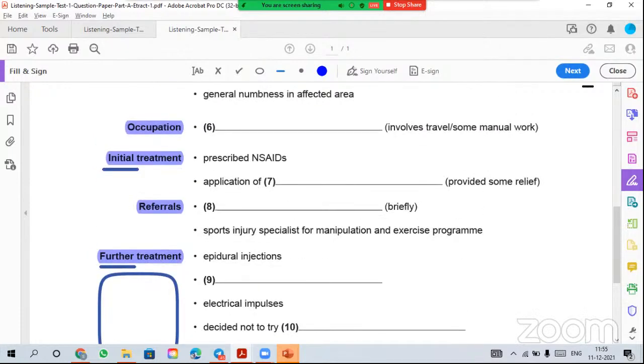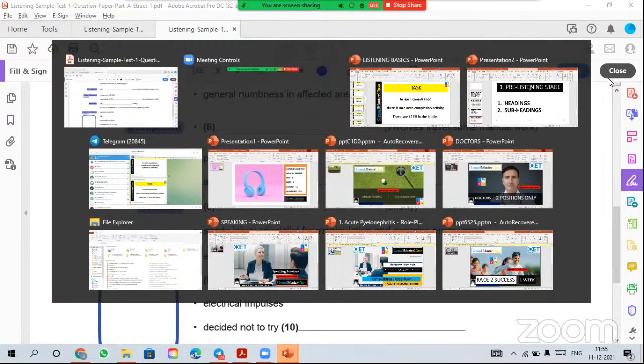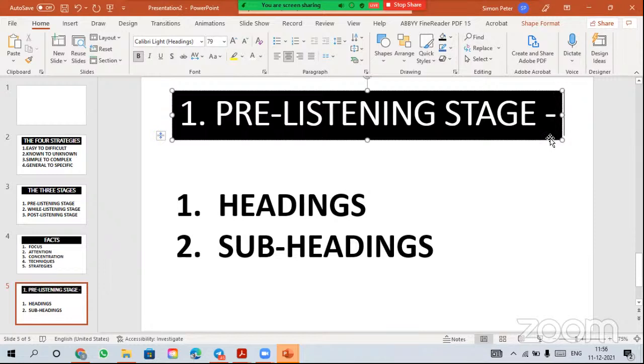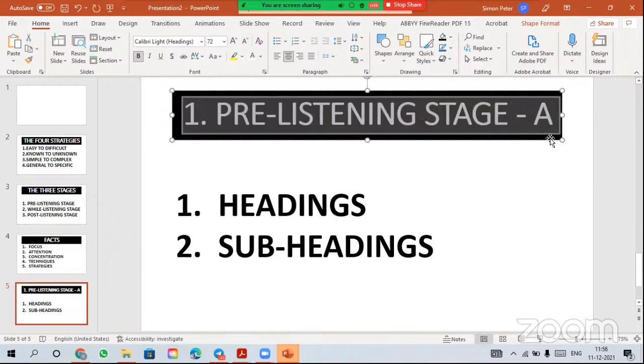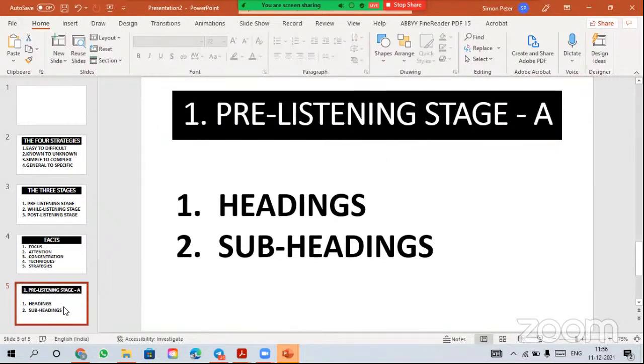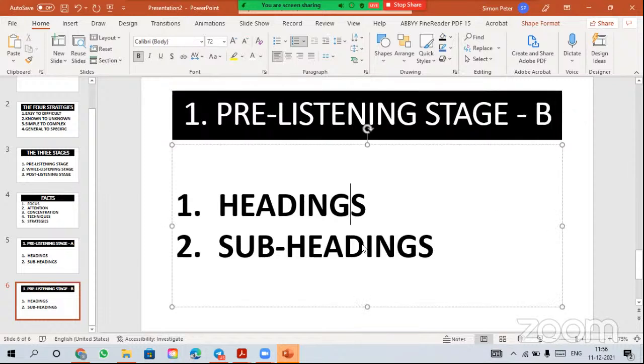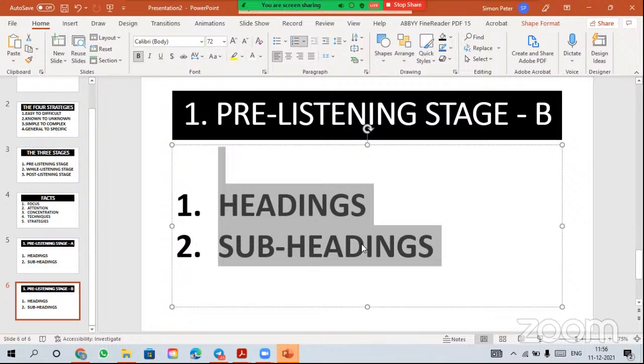Now moving forward. Next one is the next stage, pre-listening stage A. Then pre-listening stage B. I told you already I am going deeper into the point. Pre-listening stage B. Here you have to identify five different things.